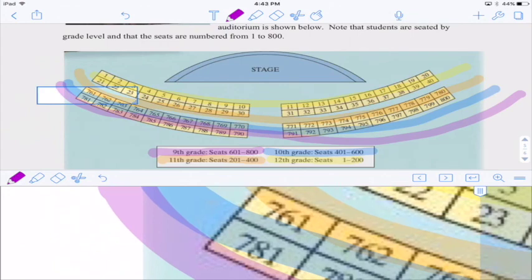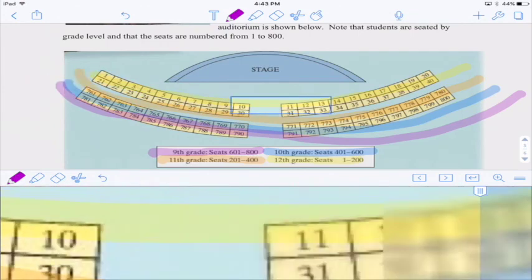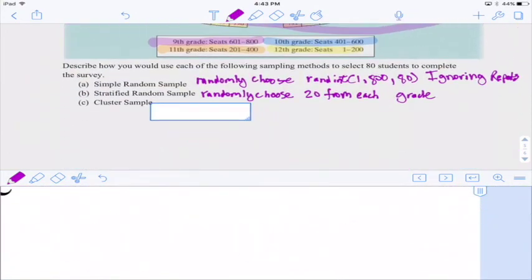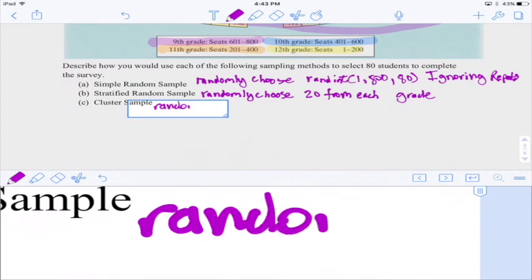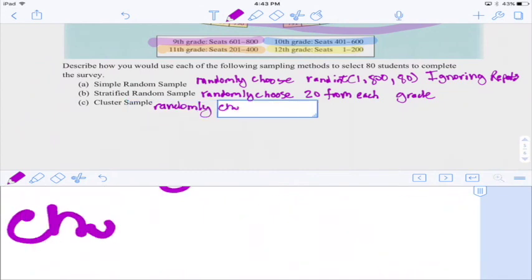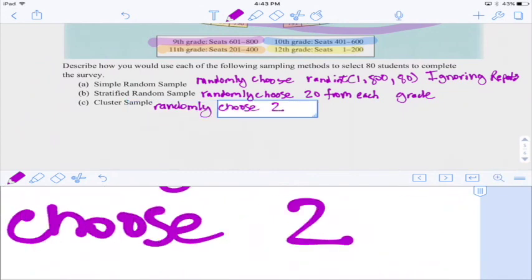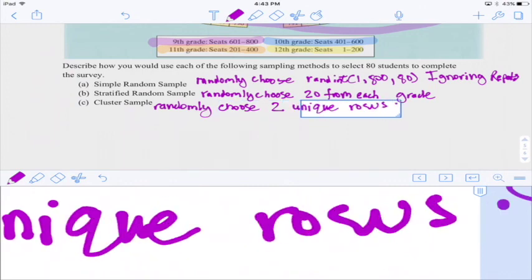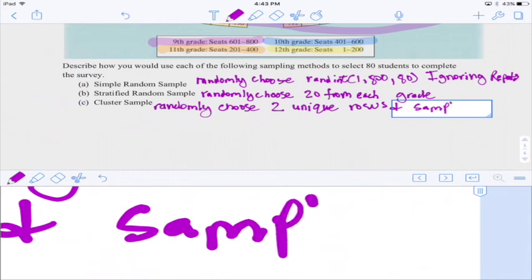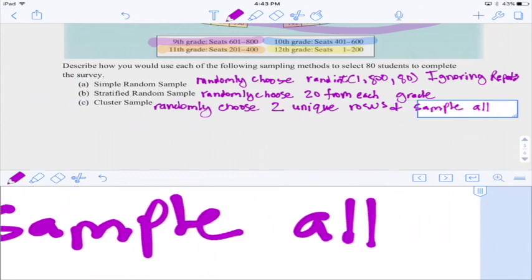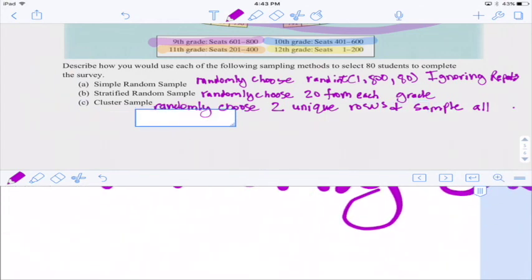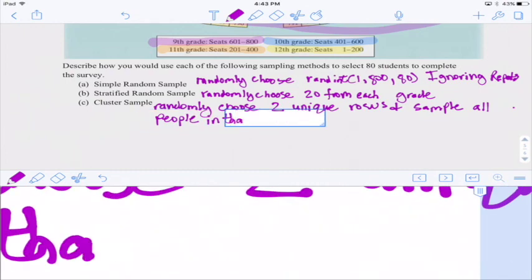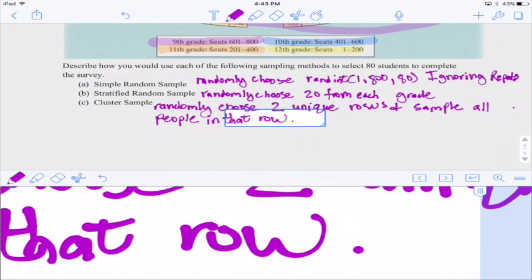So I'd want to randomly choose 2 unique rows and sample every single person in that row. And that should make some sense.